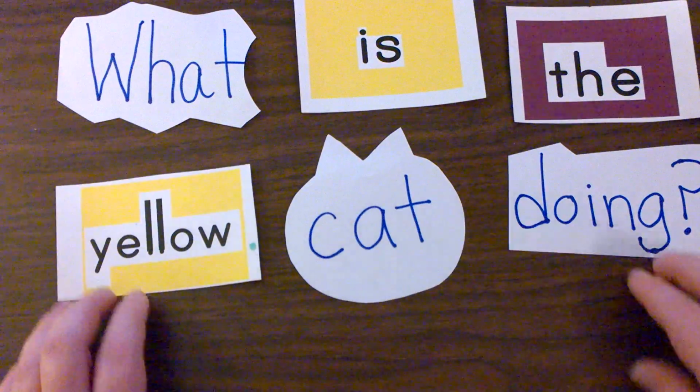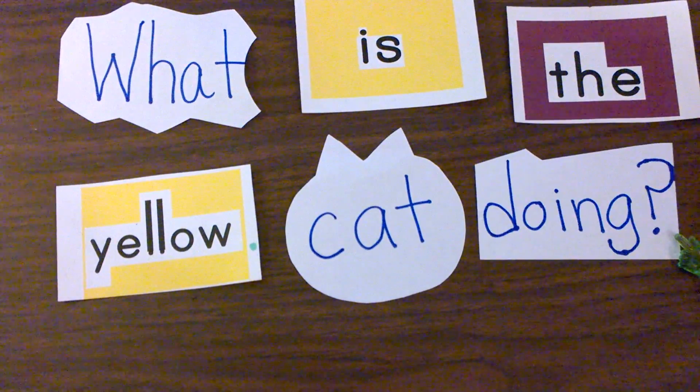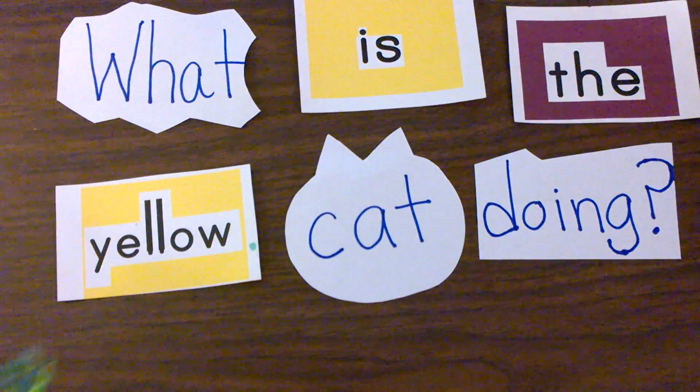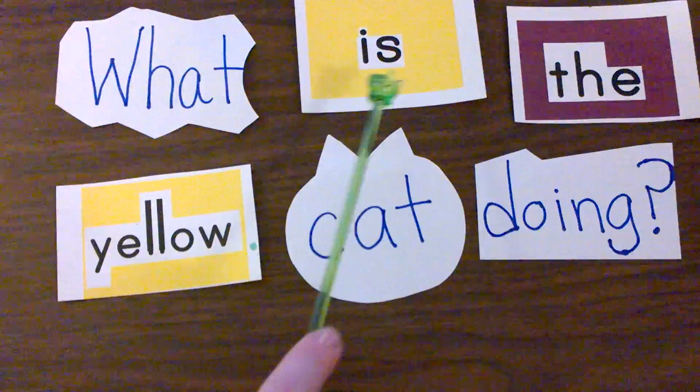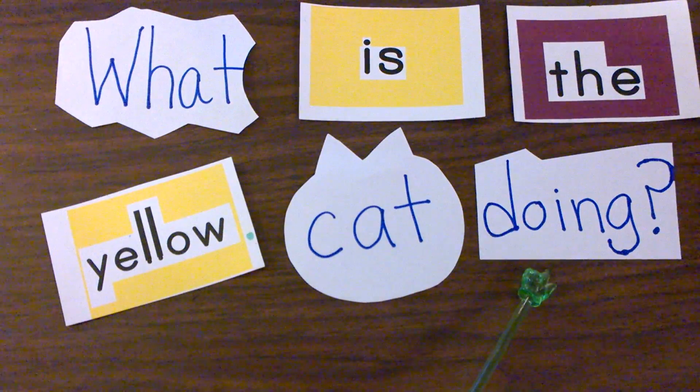Like all sentences, this sentence ends with punctuation, but this time we're using a question mark because we're asking a question. Read the sentence with me. What is the yellow cat doing?